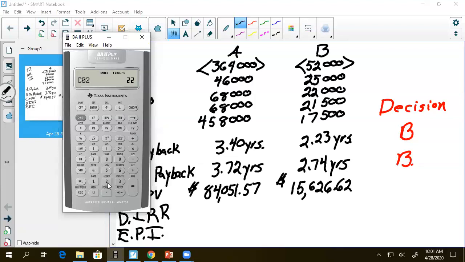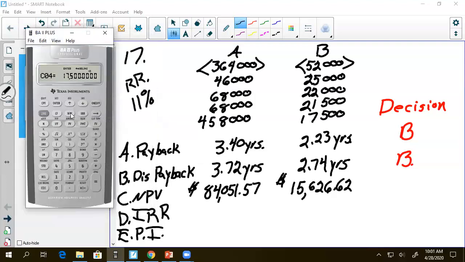Cash flow 2 is 22,000. And that happens one time. Cash flow 3 is 21,500. Okay. And then 17,500. Okay. I got all my cash flows, right?